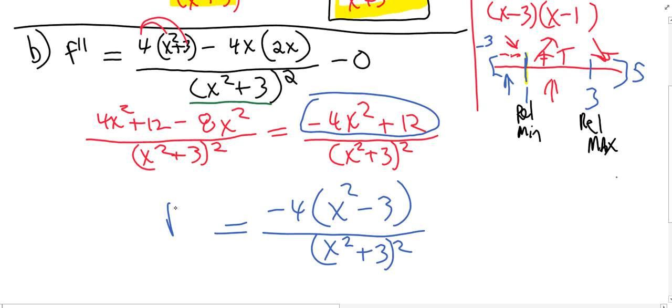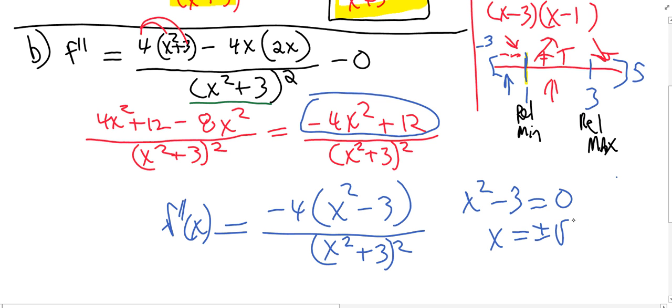Okay, there's my second derivative with respect to x, and this will have critical points when x squared minus 3 equals 0, which means x is equal to plus or minus the square root of 3, which is in our domain.